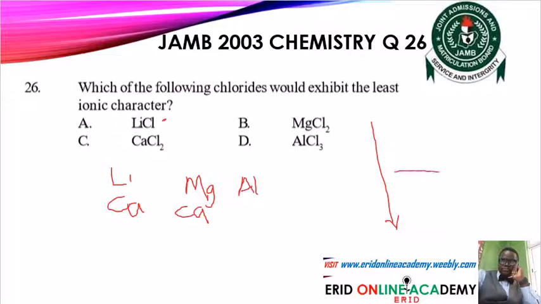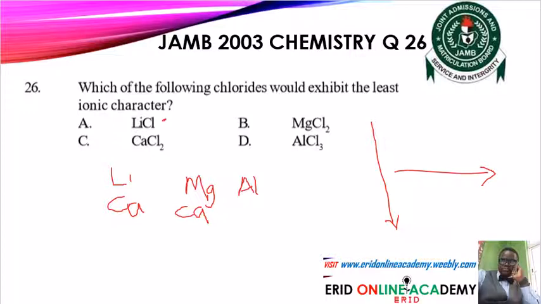As you move from left to right in the periodic table, there is a decrease in metallic character. I repeat that again. As you move from top to bottom, there is an increase in metallic character. As you move from left to right, there is a decrease in metallic character.